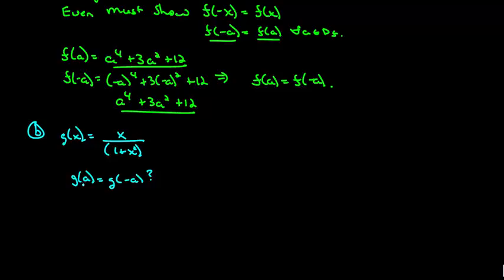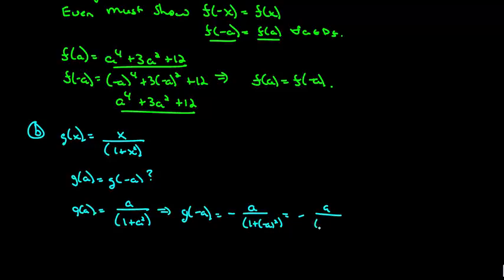That's our question. g of a would be equal to a over 1 plus a squared. And g of negative a would be equal to negative a over 1 plus negative a squared, which is negative a over 1 plus a squared. These guys are not equal to one another.